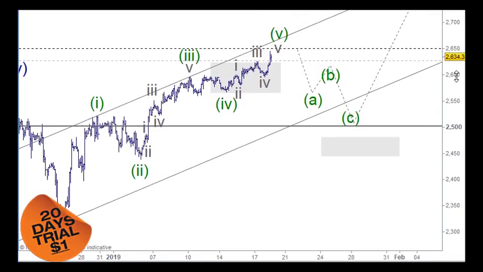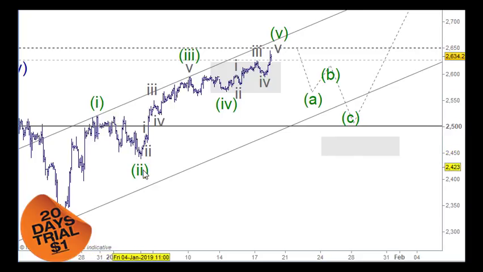So the current move from the low could be labeled wave 1 and wave 2 here, and then we look at this as 1, 2, 3, 4, 5 for the third wave, and an A, a B and a C for the fourth wave, and then 1, 2, 3, 4, 5. So it's possible that we already have 5 waves up. But either way, we've reached our target, we're taking profit, and we're going to wait. So this is a play now of gathering evidence of what's going to occur in this place.